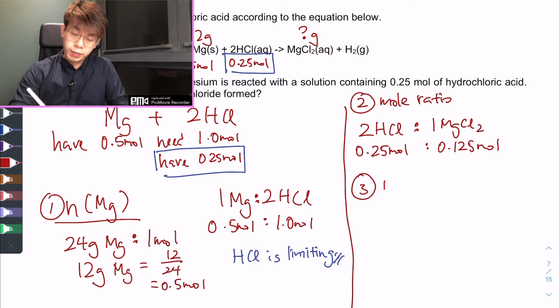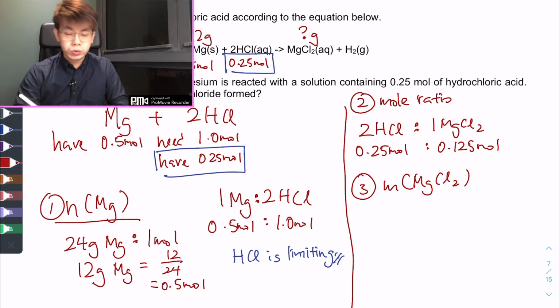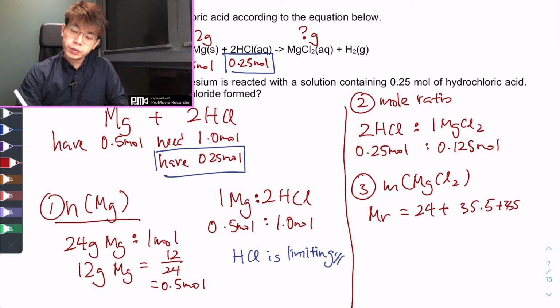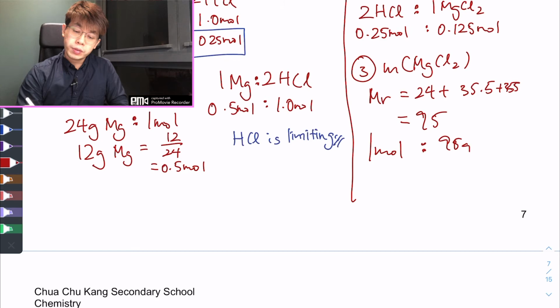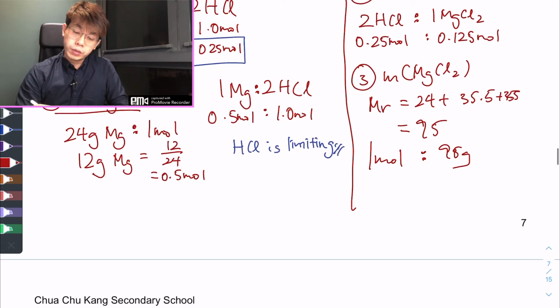So I need to find the mass of MgCl2, and the Mr of MgCl2 is 24 plus 35.5 plus 35.5. Let's see my math, 95. So I know that 1 mole is equivalent to 95 grams, and I am given 0.125 moles.